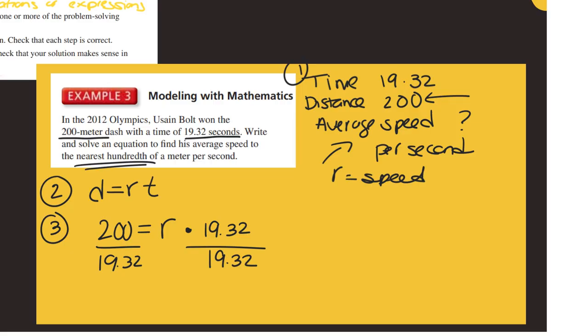So in this case, it's going to be 10.35 approximately. This symbol means approximately equal to. It's not the exact same thing, but sometimes when it's rounded or estimated, we're going to use approximately. So Bolt's average speed was about 10.35 meters per second.